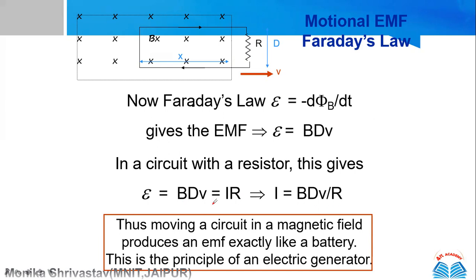So from these two, comparing them, I get I equals B D v upon R. So if we know these terms B, R, D and v, we can get the amount of induced current too. Faraday's law is telling the amount, Lenz law is telling the direction.